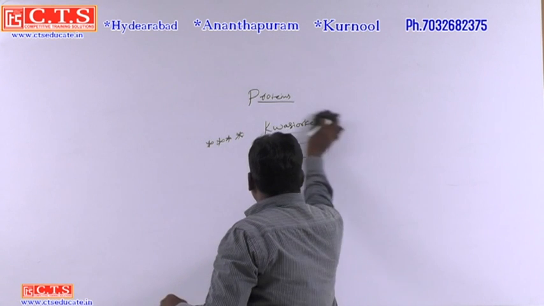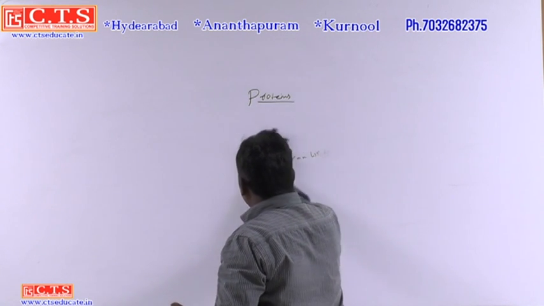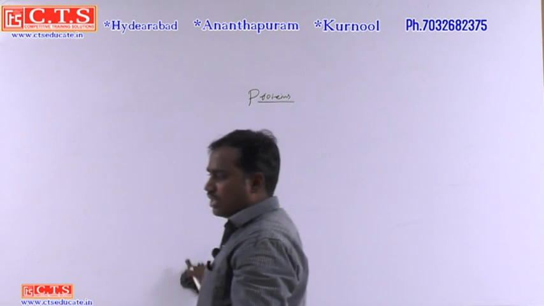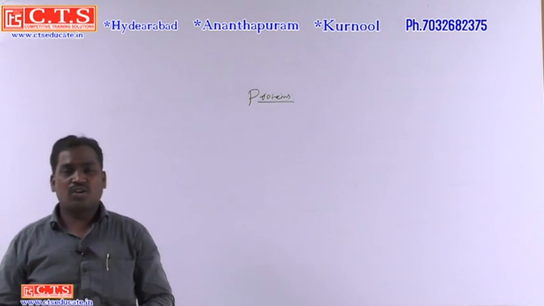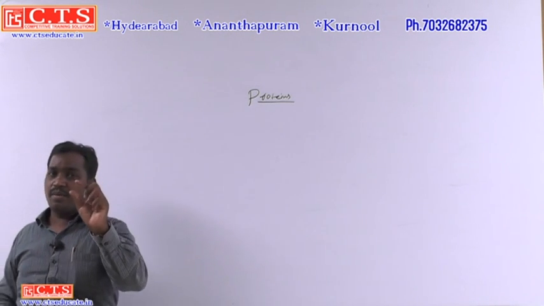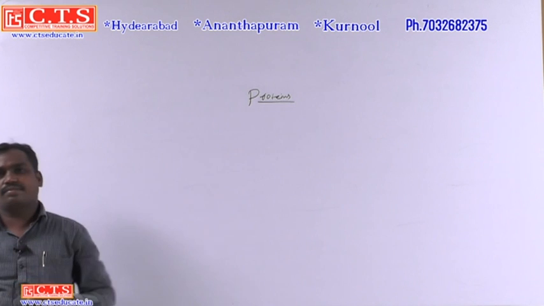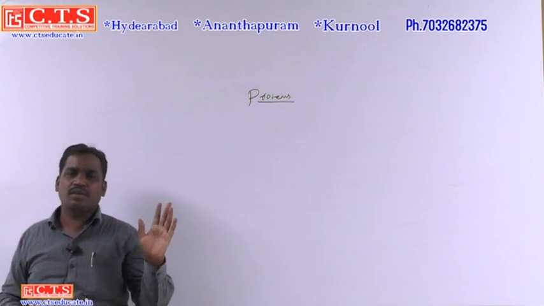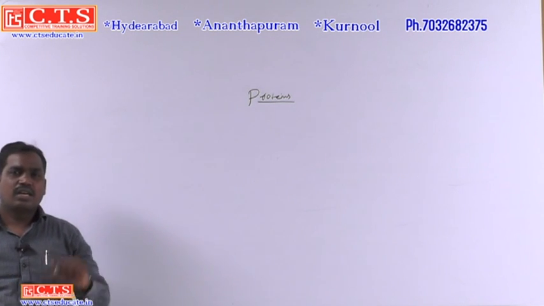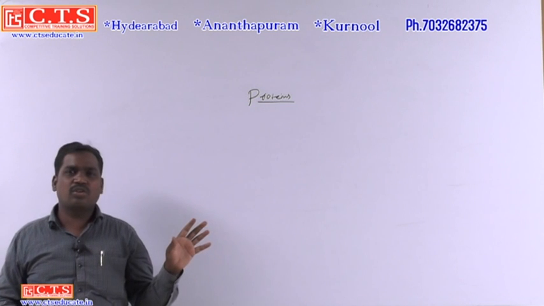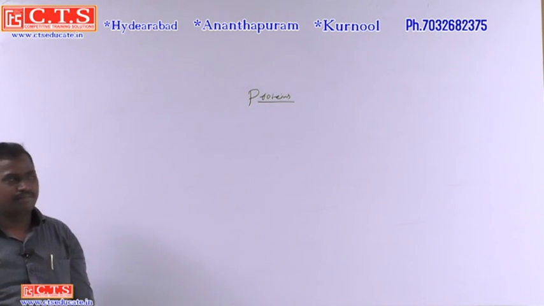Next one, proteins are present in Leguminaceae family plants. Best examples: groundnut, soya bean, beans, garden pea, red grams all belong to Leguminaceae family plants.